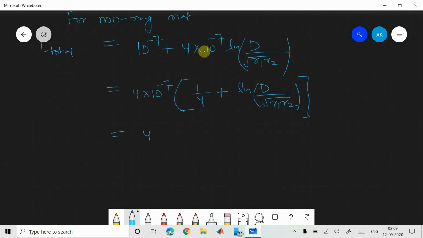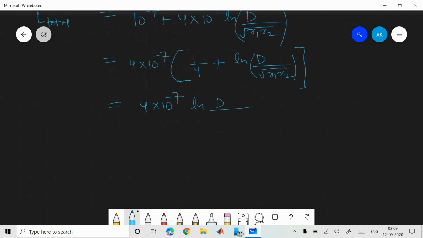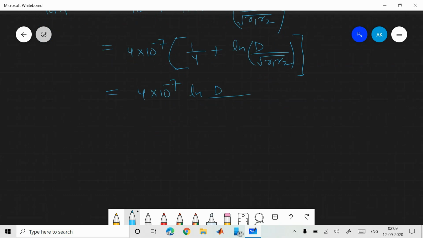So on simplification you will get 4 into 10 raised to power minus 7 ln d over e raised to power minus 1 by 4 into under root r1 r2.